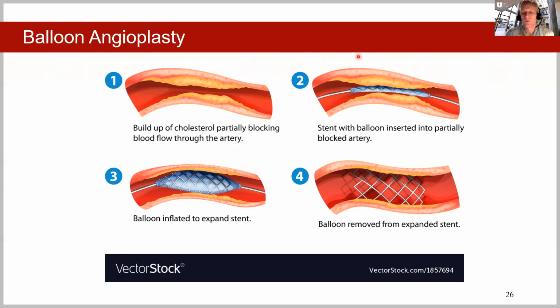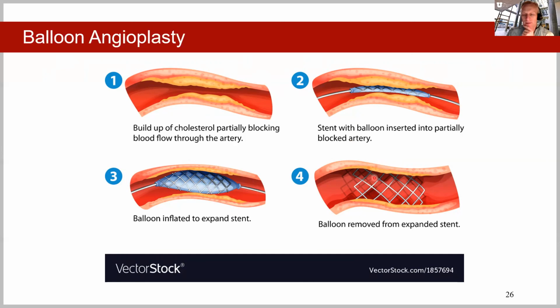And they direct it to the point of the disease, and then there's this balloon that they can blow up from back at the attachment to their catheter and force the blood vessel open, force this plaque open so that blood will start flowing more freely through that region.